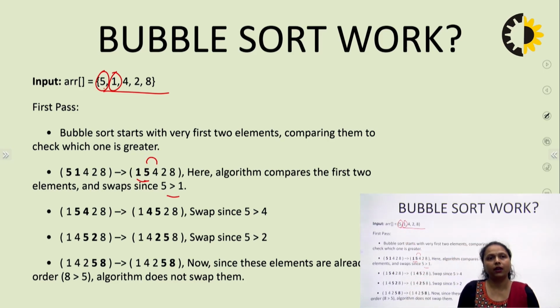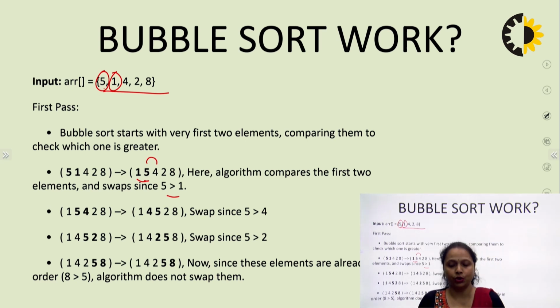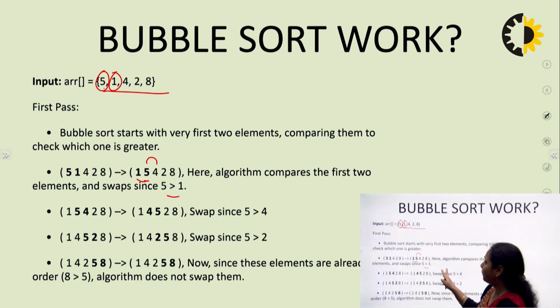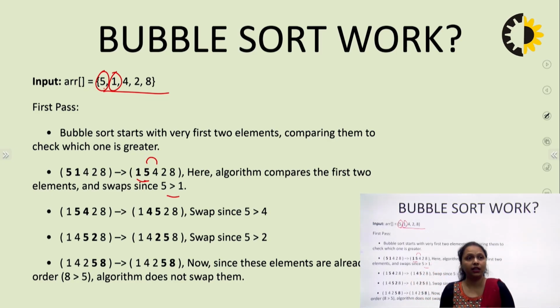Next we will compare third and fourth position, then fourth and fifth position, and so on. In this way we will compare each and every element and check whether the order is correct or not. As we are arranging the list in ascending order, the order must be correct, meaning the first element must be smaller as compared to the next element.